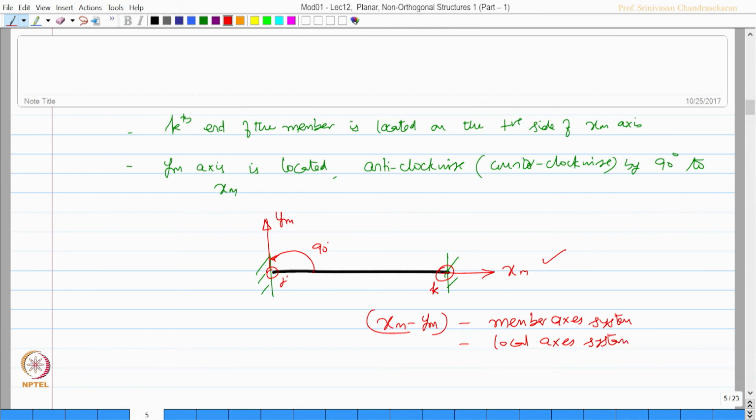So, whatever derivation we have done for the ith member, the stiffness matrix derivation, all are valid for the local axis system.